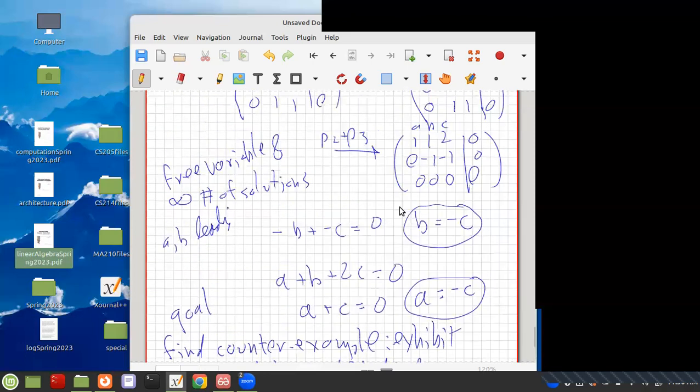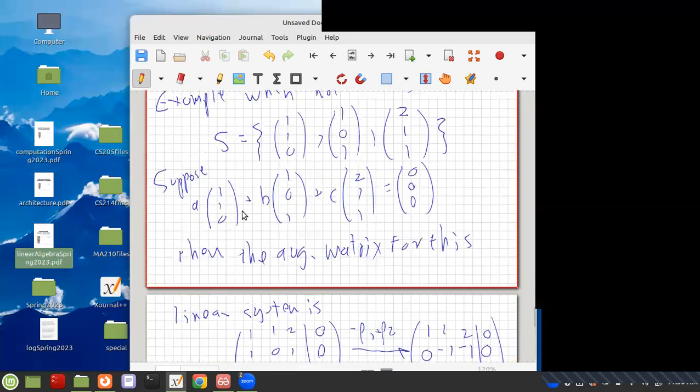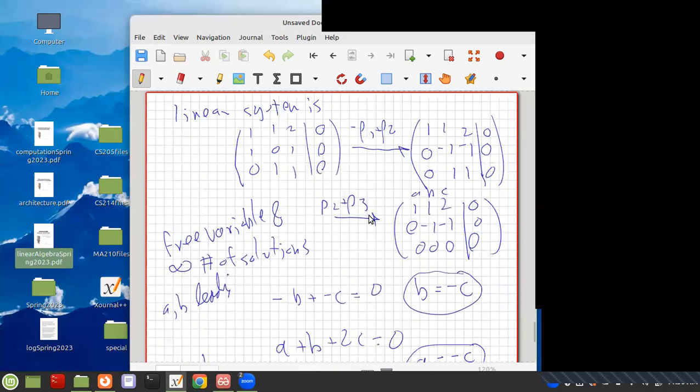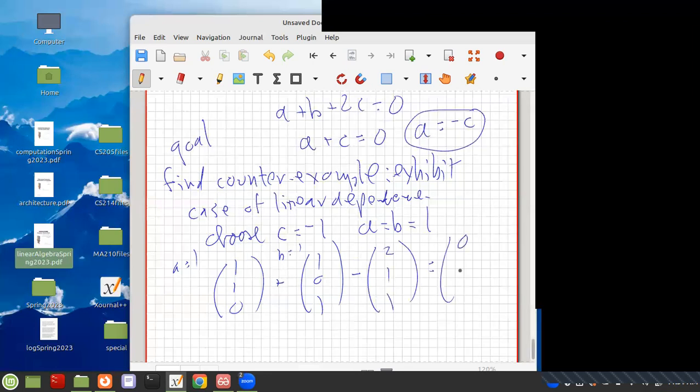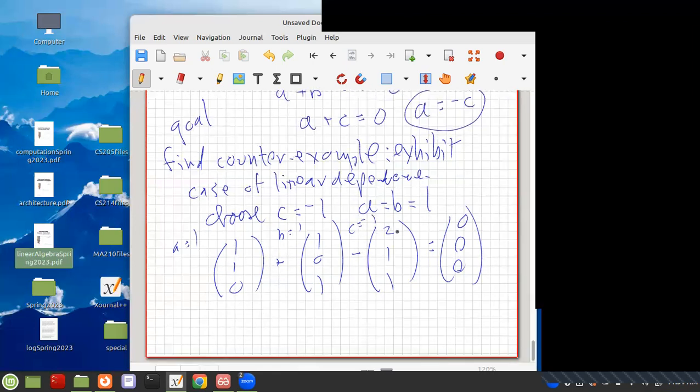And then, if we go back up here, we can see that we have 1, 1, 0, that's A equals 1, plus 1, 0, 1, that's B equals 1 there, minus, that's the C equals 1, 2, 1, 1, equals 0, 0, 0, right? So here's the case, and you can check that it's true, right? First of all, 1 plus 1 minus 2 is 0, 1 minus 1 is 0, and 0 plus 1 minus 1 is 0.